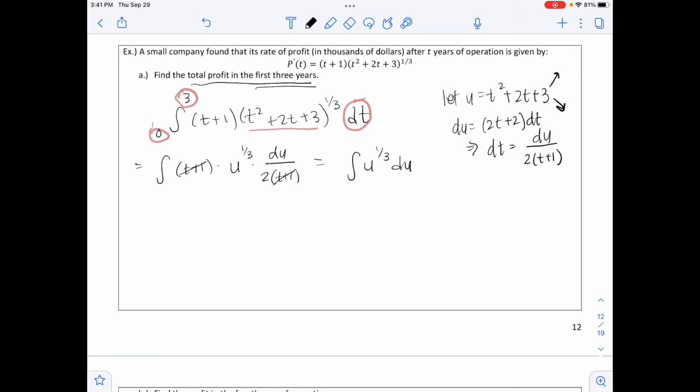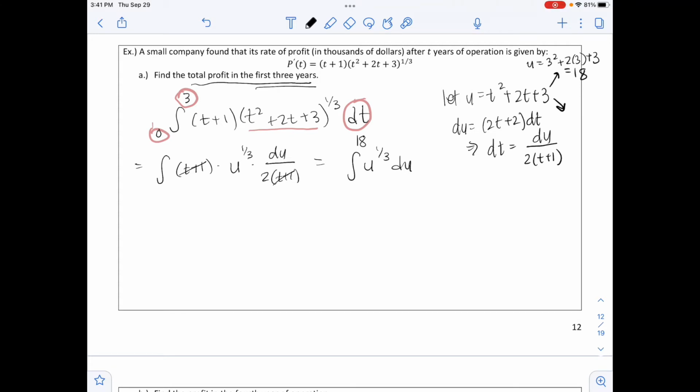And I know that for the upper limit of integration, t was equal to 3. So u is equal to 3 squared plus 2 times 3 plus 3. And so I have 9 plus 6 plus 3, or 18. And that's going to be my new limit of integration now that I have u's.